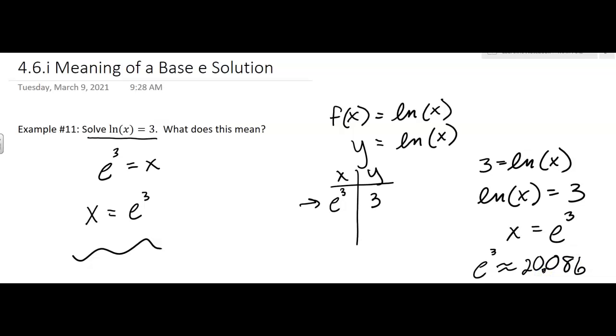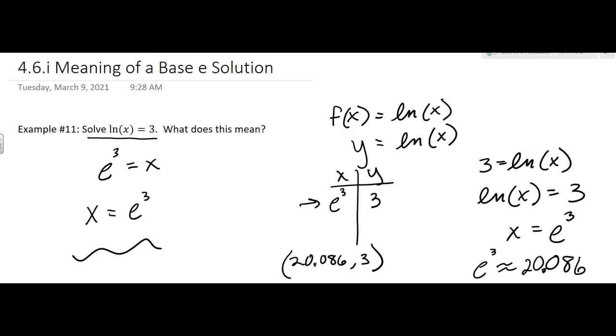So if you had to graph it, you could say, there's a point, it's about 20.086 comma 3 on the graph. And that's what e to the third evaluates to be.